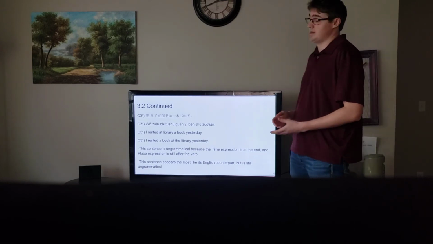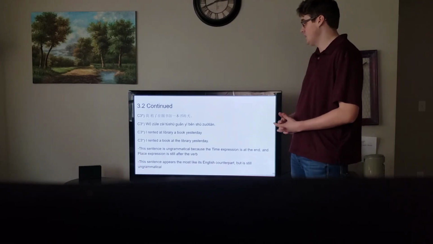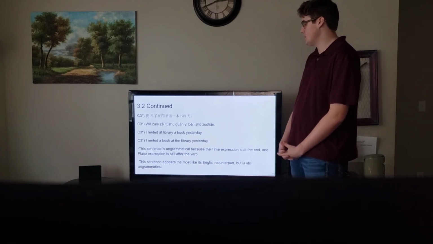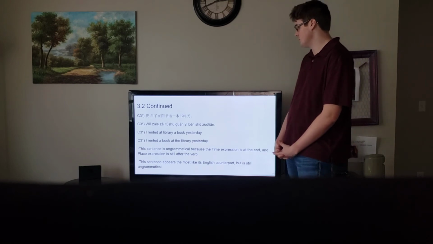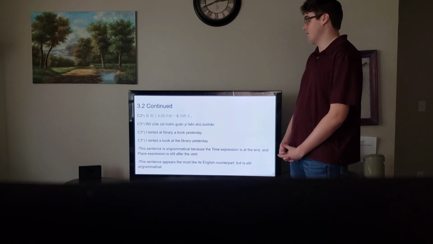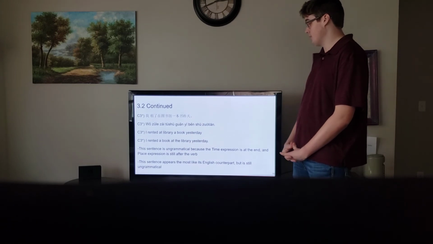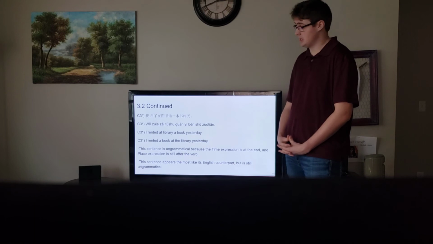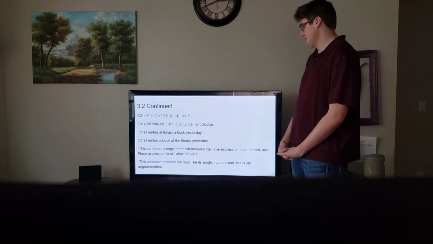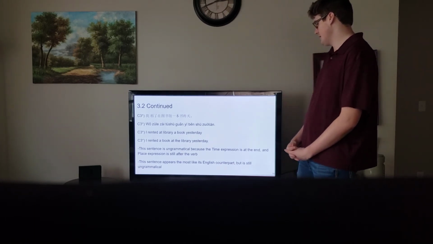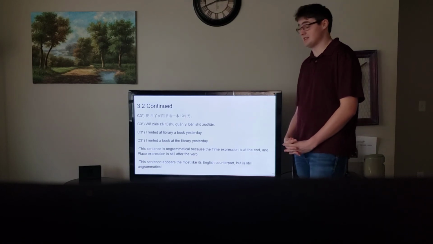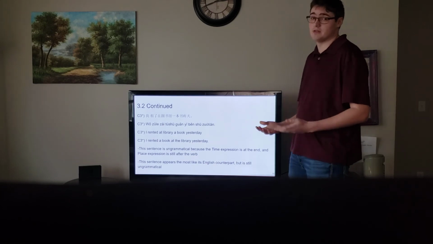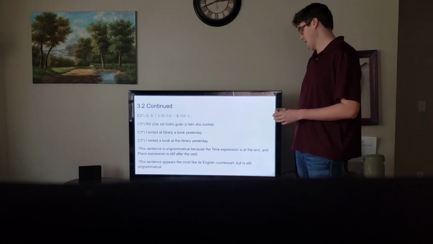For our final example here, we can see 我租了在图书馆一本书昨天. I rented at library a book yesterday. I rented a book at the library yesterday. This sentence is ungrammatical because the time expression is at the end and the place expression is still after the verb. So this is almost doubly ungrammatical, if that were even a possibility.